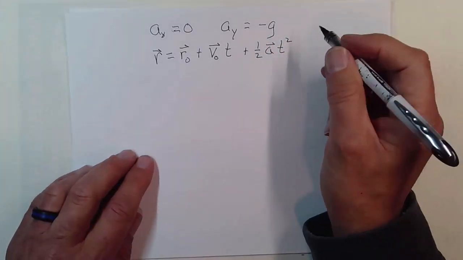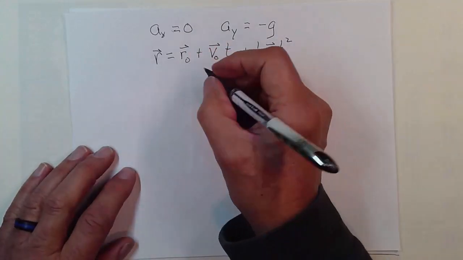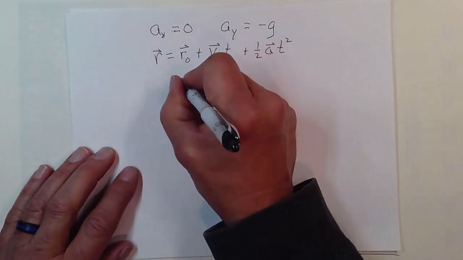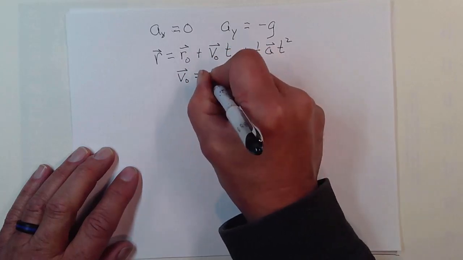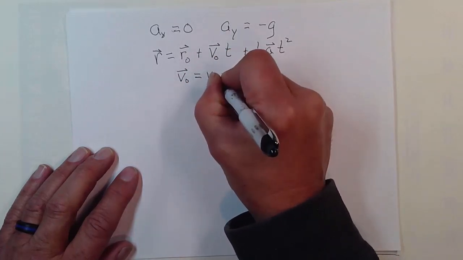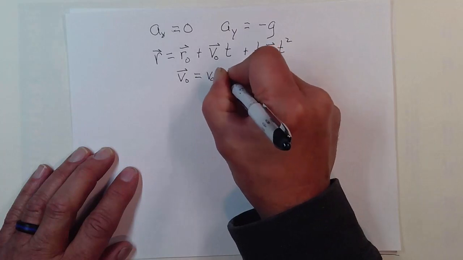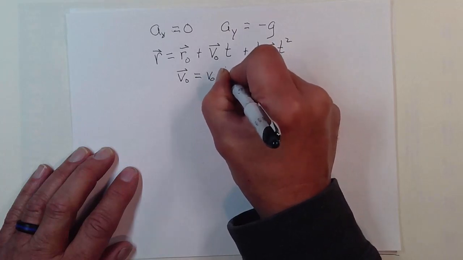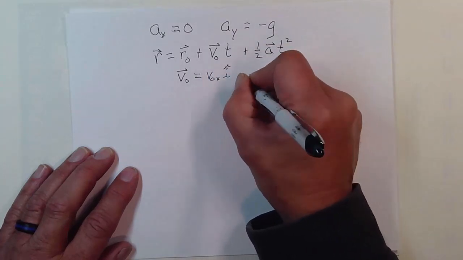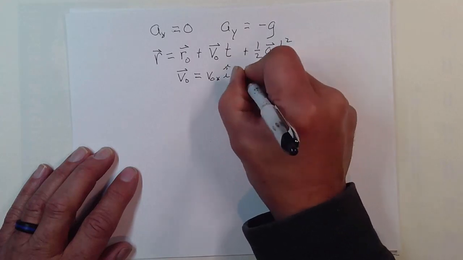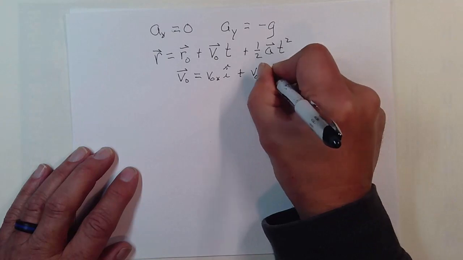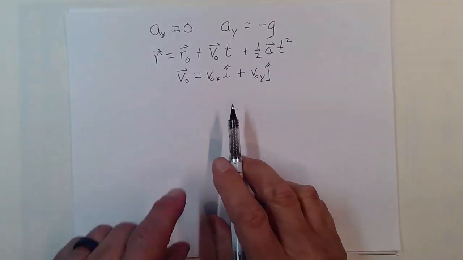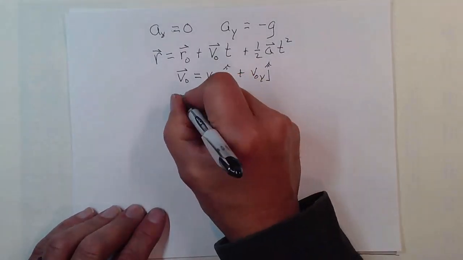Let's imagine here for our initial conditions, we're given that v naught has both an x and a y component. So we've got v naught x in the i hat direction plus v naught y in the j hat direction. So that's what v naught happens to be.